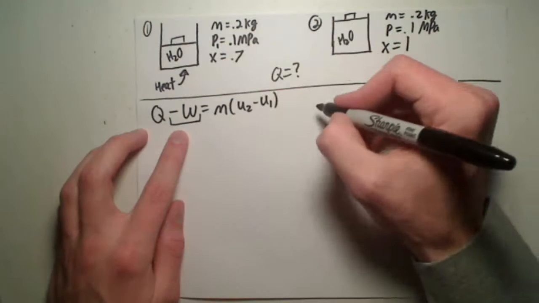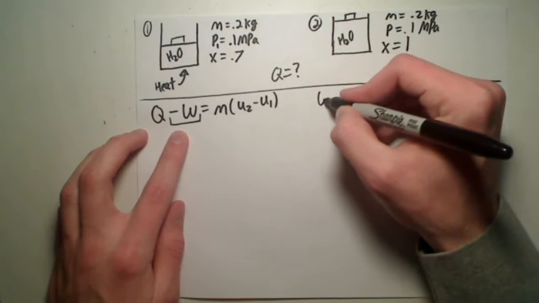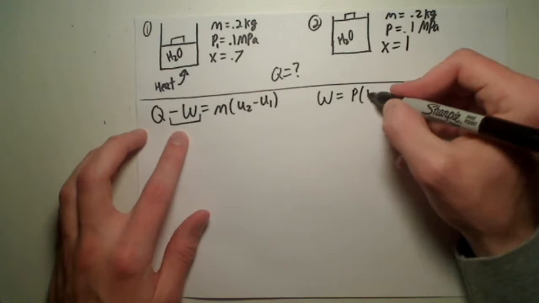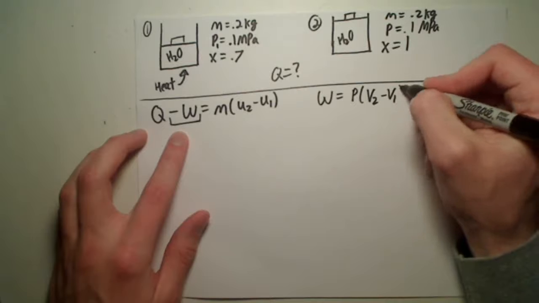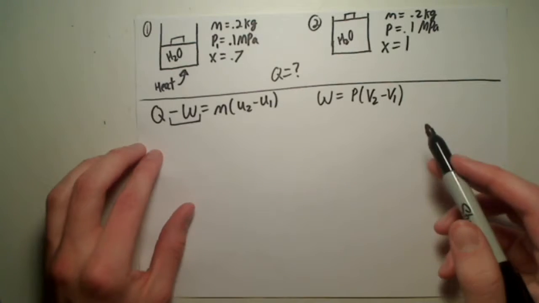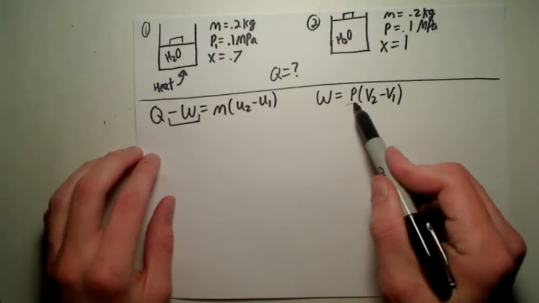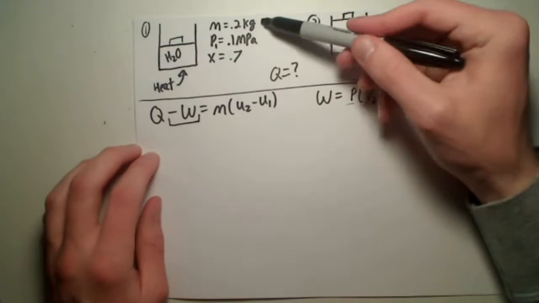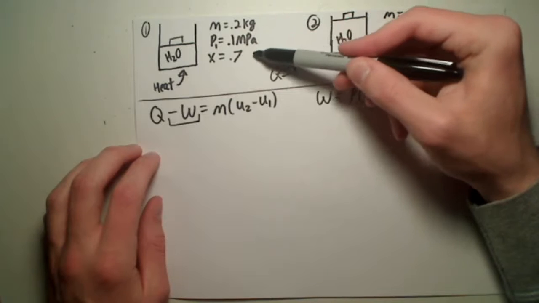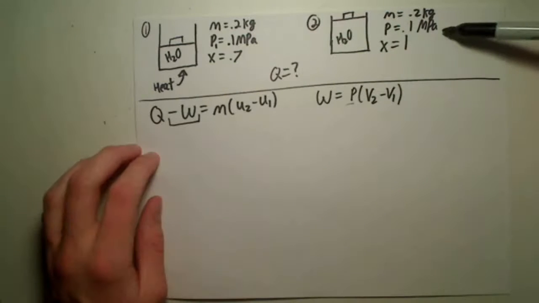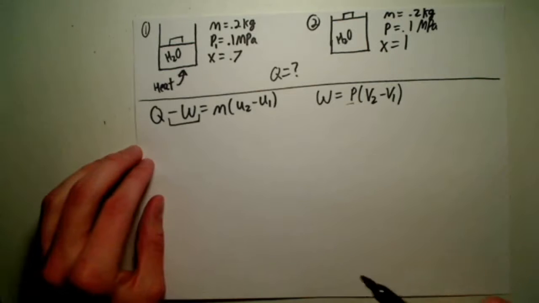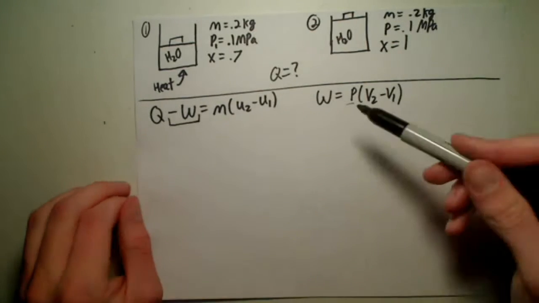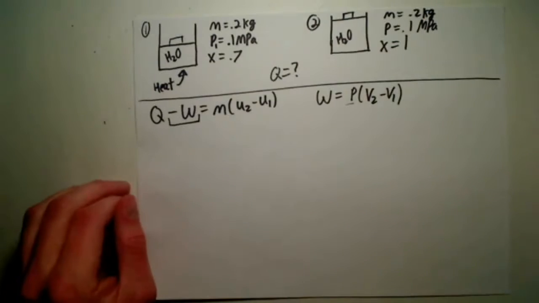To find out what work is, we're going to use the equation for work that we did in the last video. So we know pressure, that was given, but we don't know V2 or V1. However, we were given its mass and 2 properties of each state. So we can look up what the specific volume will be for each one of these and multiply that by mass and get volume.